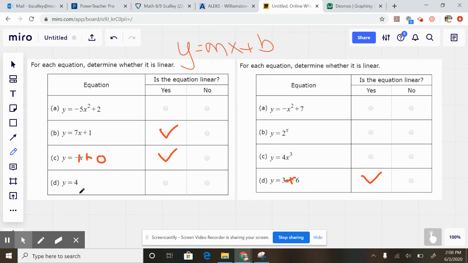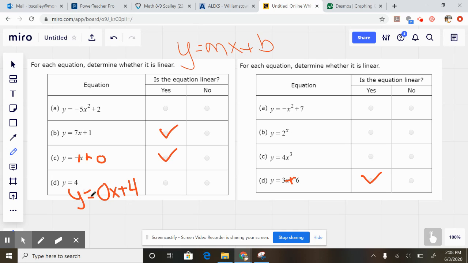This one down here, letter D on the left side, y equals 4. That is also slope-intercept. But similar to the last problem, we're kind of missing a portion of it. In the last one, we were missing the b. In this problem, we're missing the mx. Well, that must mean the slope was 0.